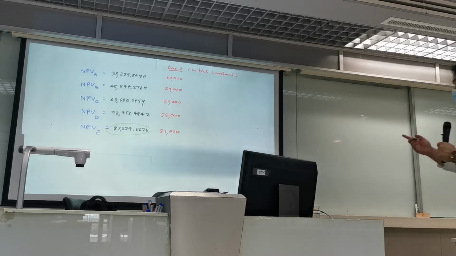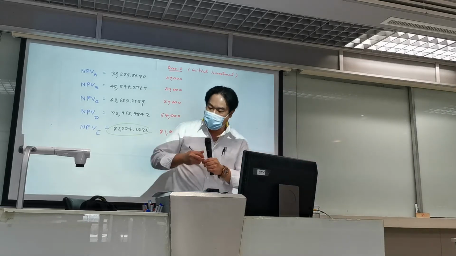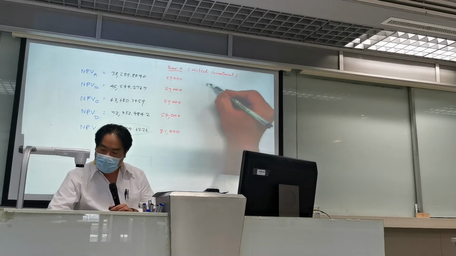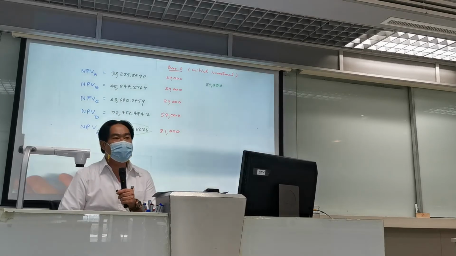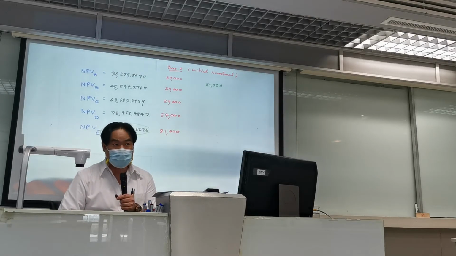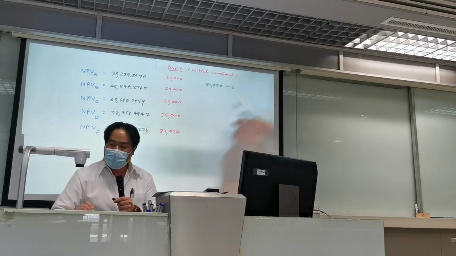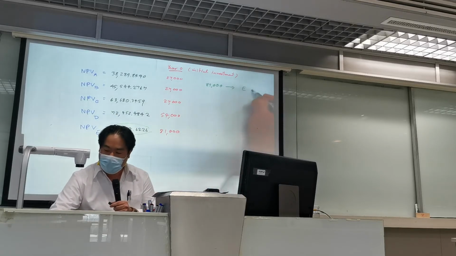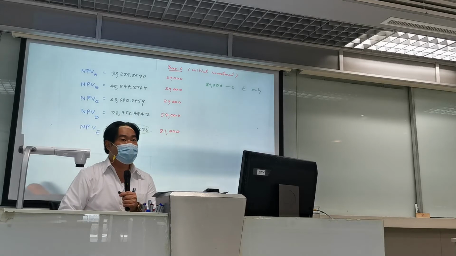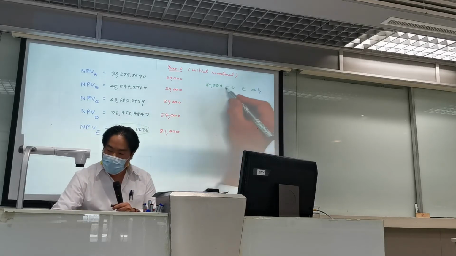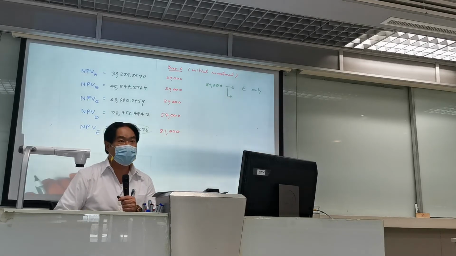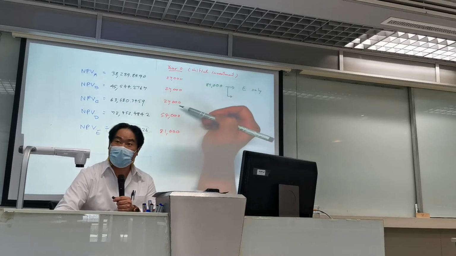You may see that when the firm has 81,000 to be invested, how many possibilities are there to use the 81,000? First, we know that we are going to invest in project E only, right? Okay. What else? The firm can use 81,000 to invest in what? A, B, and C. Get it right?